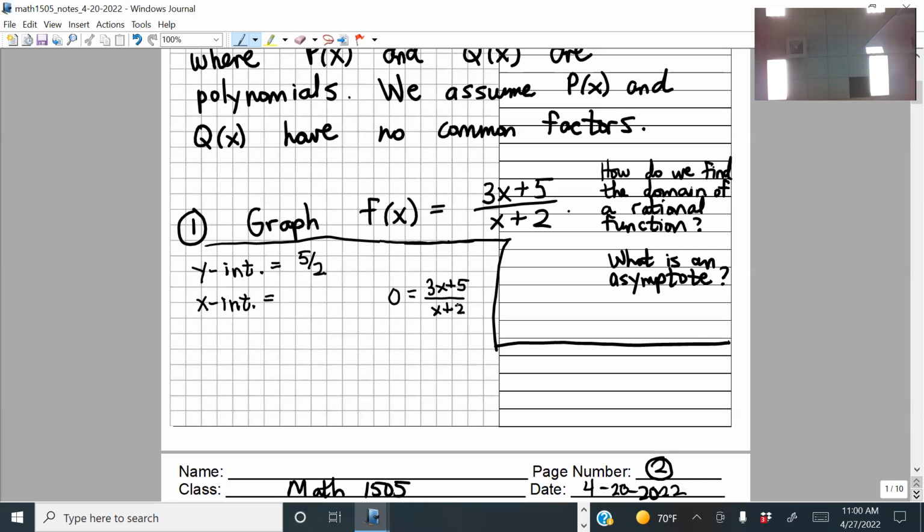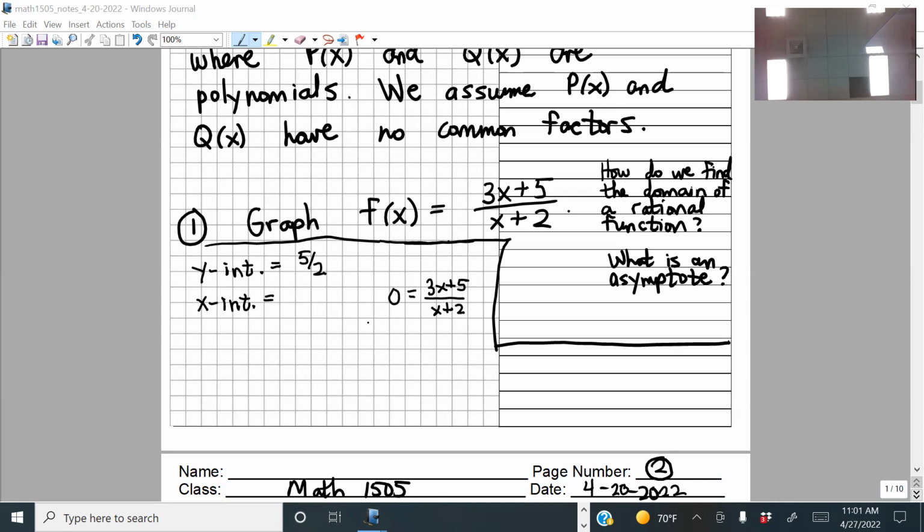Evan, this does have an inverse, by the way. You can find the inverse by switching x and y and then solving. But that feature is a little bit beyond what we really need just to get a basic understanding of the function. We don't really need to know what the inverse is. So just set it to 0 and try to solve this equation.